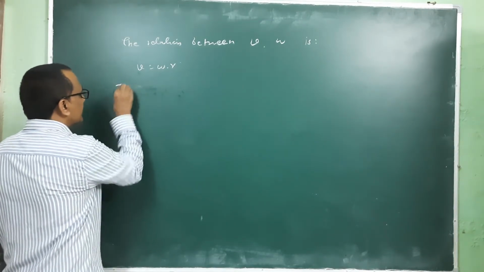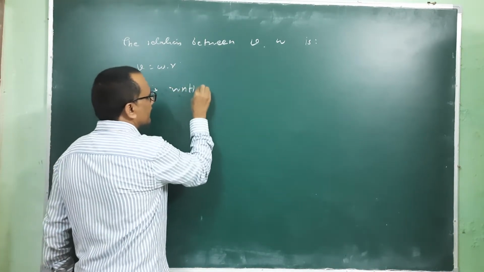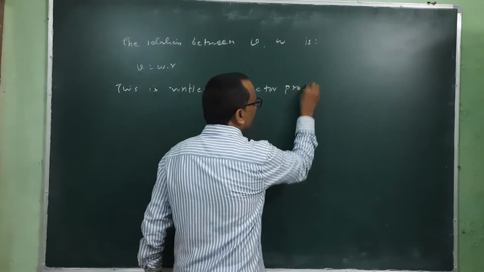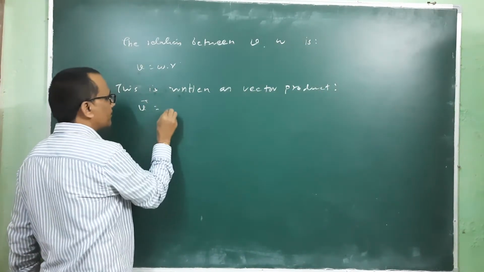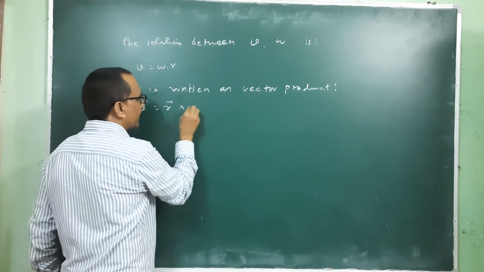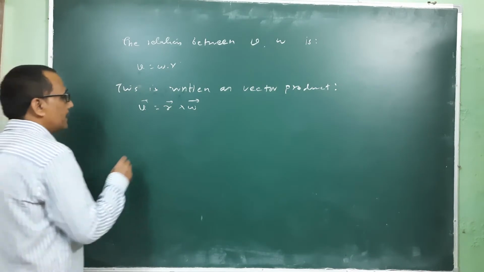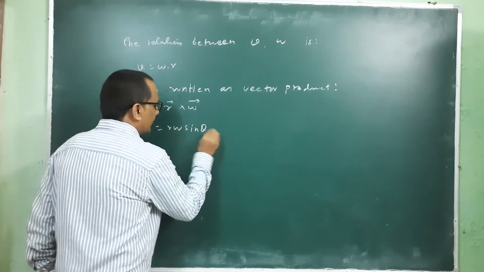This is written as a vector product, and that v is actually equal to omega cross r. This can be written as r omega sin theta.